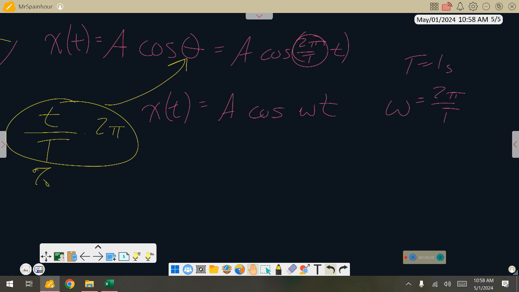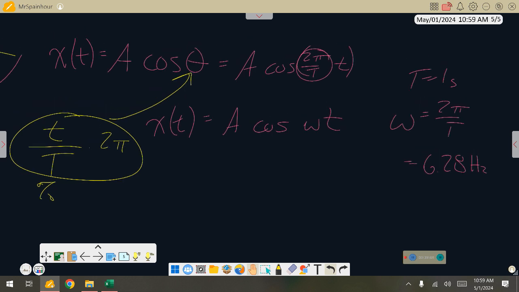So what would the angular velocity be in that case? 2 pi divided by 1 second is just, or I'll just say 6.28 hertz, which I'll talk about more later. Now, what does this say? This says I'm going to go through 1 cycle in 1 second. Yes? How much angle is in 1 cycle? 2 pi or 6.28. This says I'm going to go through 6.28 angle in 1 second. Is that the exact same thing?